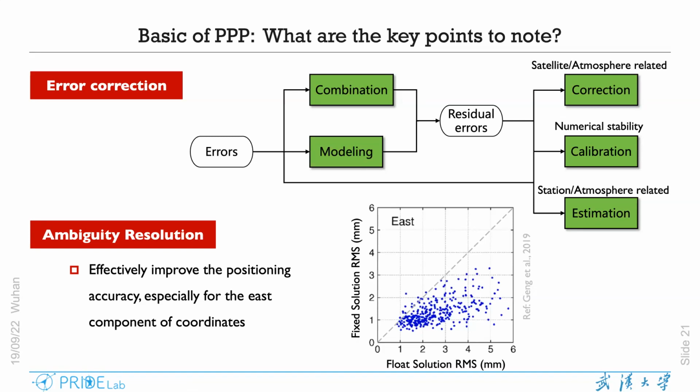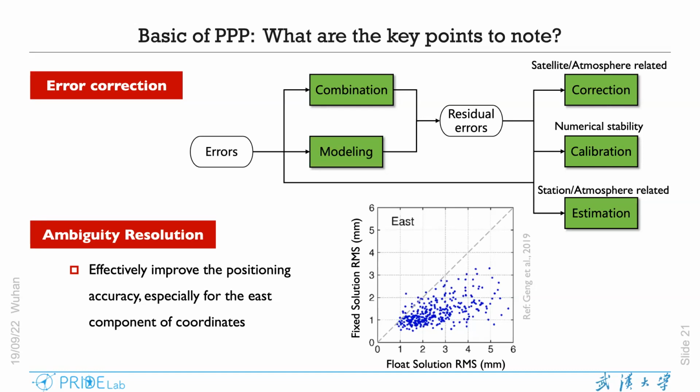We have to use linear combinations between different frequencies of data to eliminate some errors, such as the ionosphere, and we have to use very precise models, such as those from IERS 2010, to mitigate the residual errors, like the solid Earth tide and the ocean tide loading.